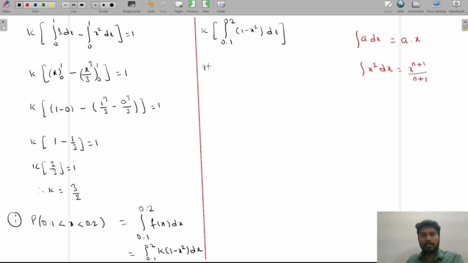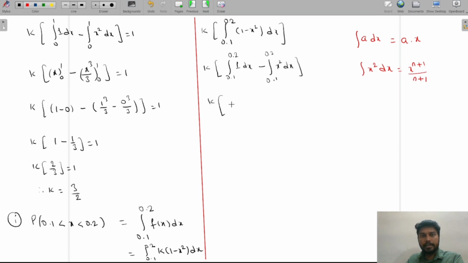Now keeping k as it is, I'm taking the integration inside both the terms, 1 and x squared. So it will become the integration from 0.1 to 0.2 of 1 dx minus the integration from 0.1 to 0.2 of x squared dx.